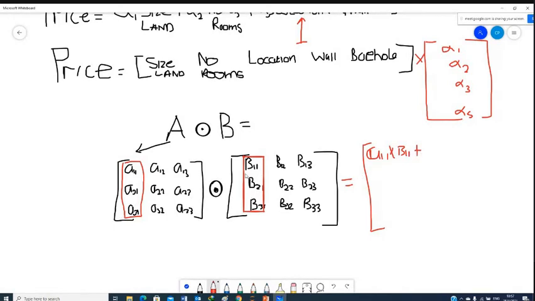So you multiply every row with the corresponding column value. This gives you the first element, and then you multiply the same first column with the next one for the next element.